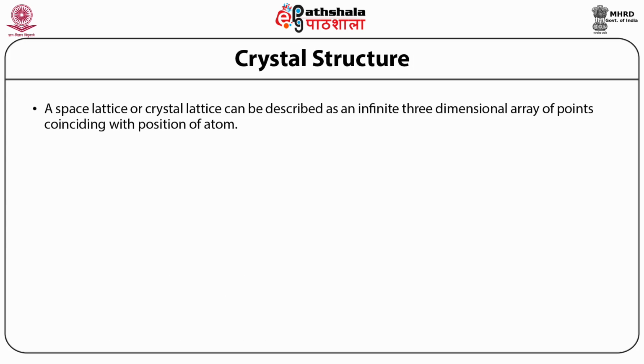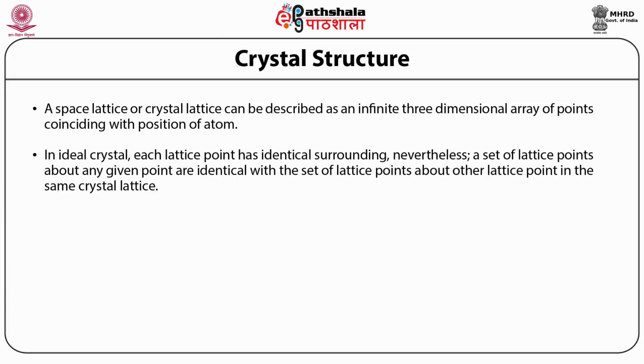A space lattice or crystal lattice can be described as an infinite three-dimensional array of points coinciding with the positions of atoms, as shown in figure A. In an ideal crystal, each lattice point has identical surroundings. That is, the set of lattice points about any given point is identical with the set of lattice points about any other lattice point in the same crystal lattice.